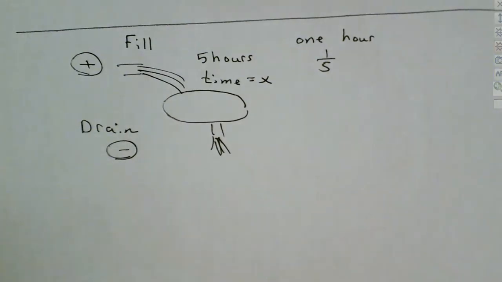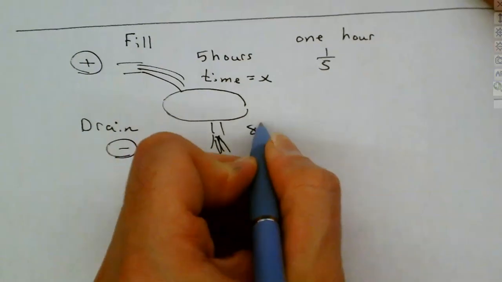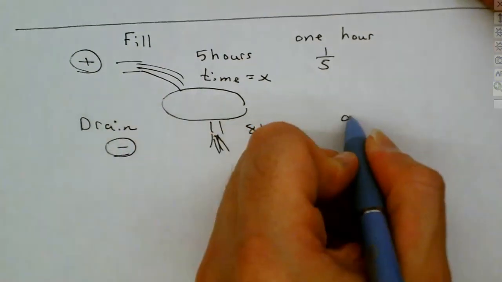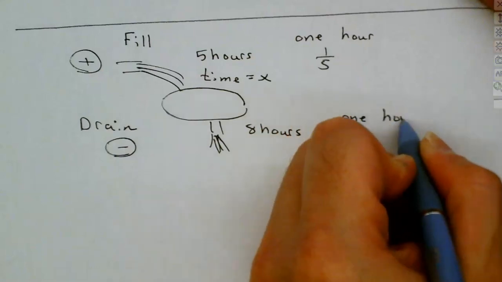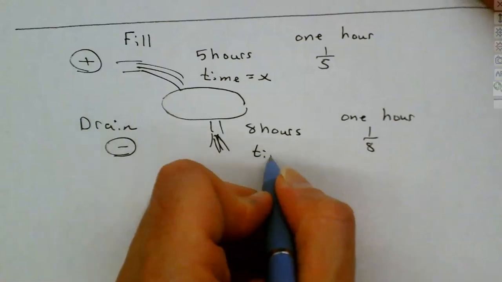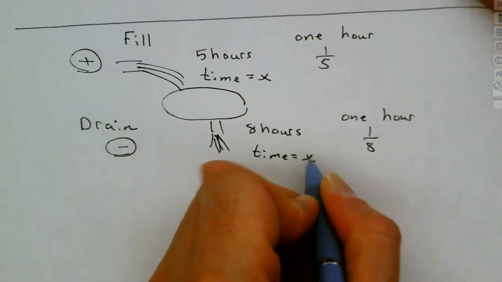Or how long does it take to drain? To drain this pool, it takes 8 hours. How much is done in 1 hour? How much of the pool is drained out? 1/8. And we don't know the total time working together, so we use an x with that.